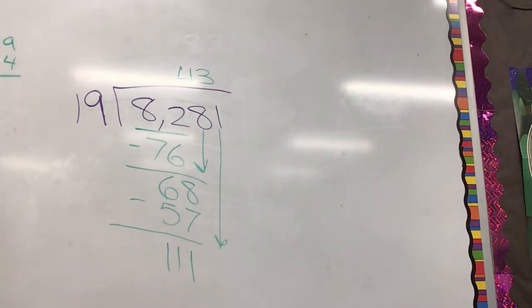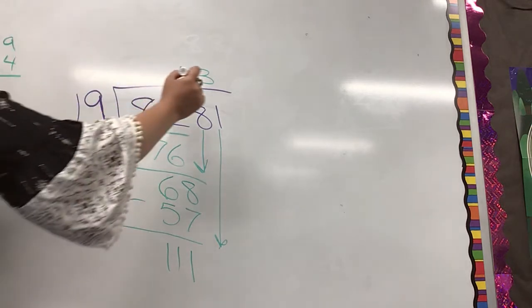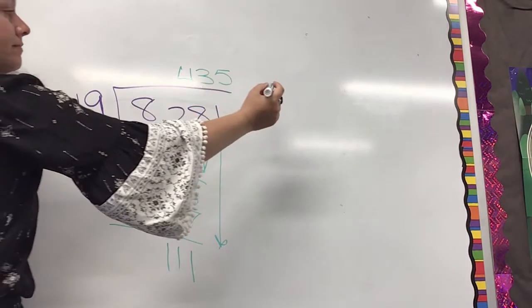What's 111 divided by 19? No, 5. Yeah, because what is 19 times 5?